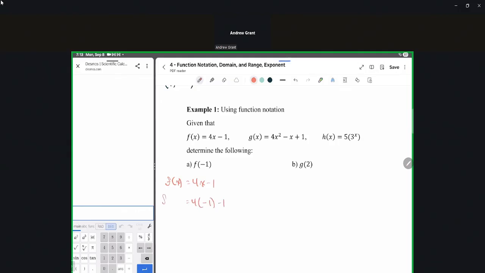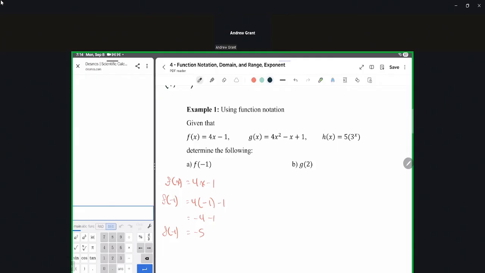So this becomes f of negative 1. So 4 times negative 1 is negative 4 minus 1, which becomes negative 5. Okay? And this notation just is replacing let x equal negative 1 and solve for y.